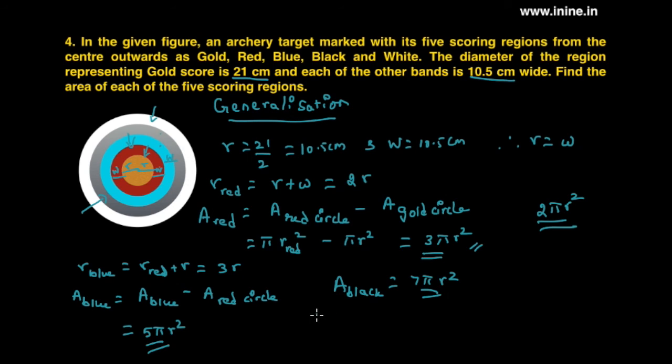And similarly, area of white region is 9 pi R square. So now it becomes much easier for you, because what you need to substitute is just the value of R here, R here, R here, and R here to get the relevant values, like area of red region, area of black region, white region, and of course the blue region. So substitute the values and get the final answer.